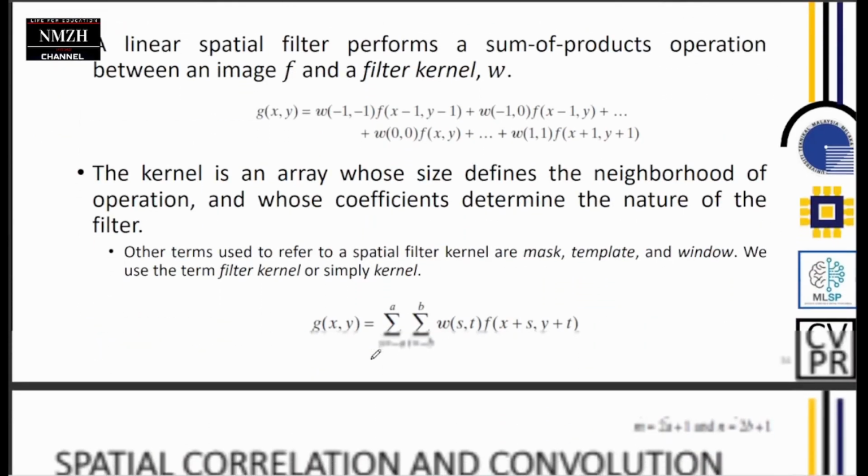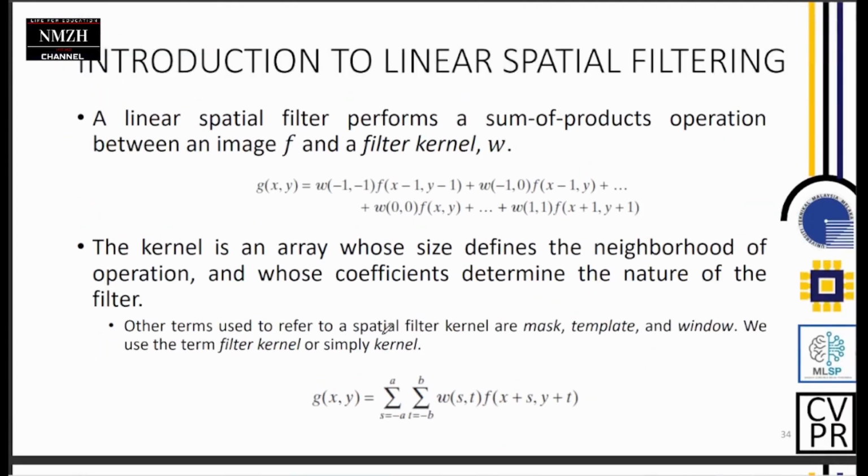Now a bit of the mathematical perspective in linear spatial filtering. A linear spatial filter performs a sum of products, whereby this is the sum operation between F and W, omega. This one is the image, while this one is the kernel.